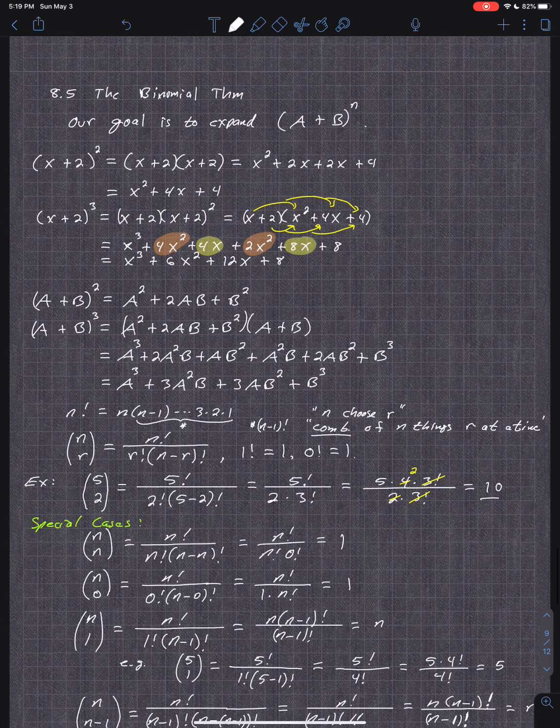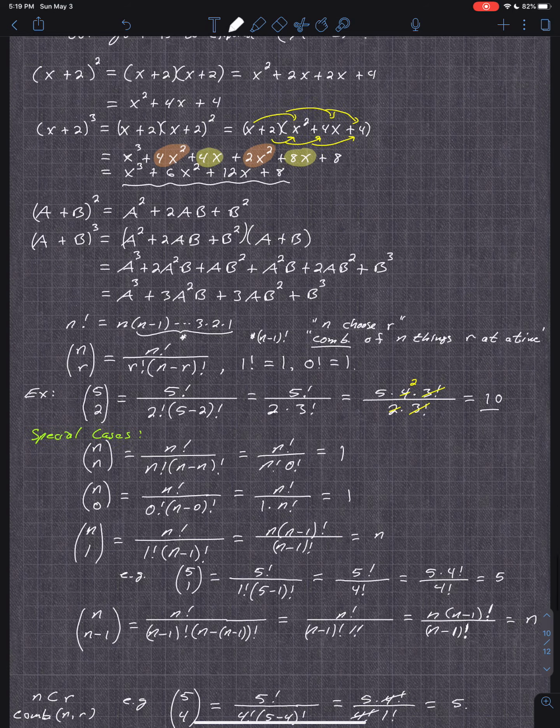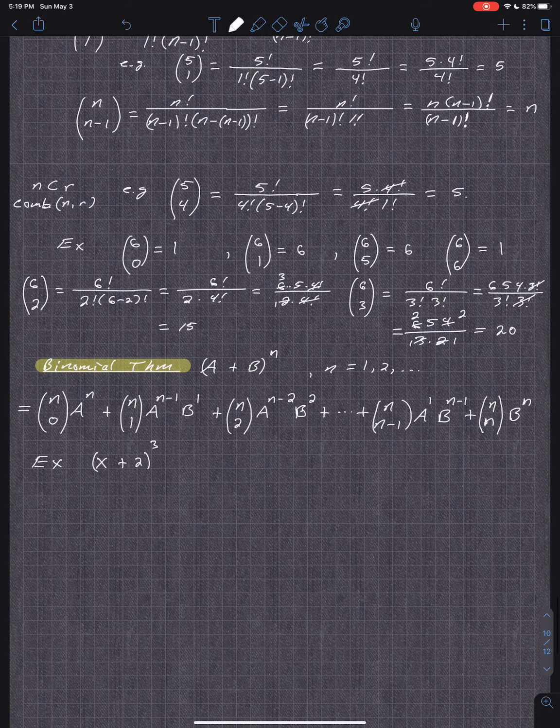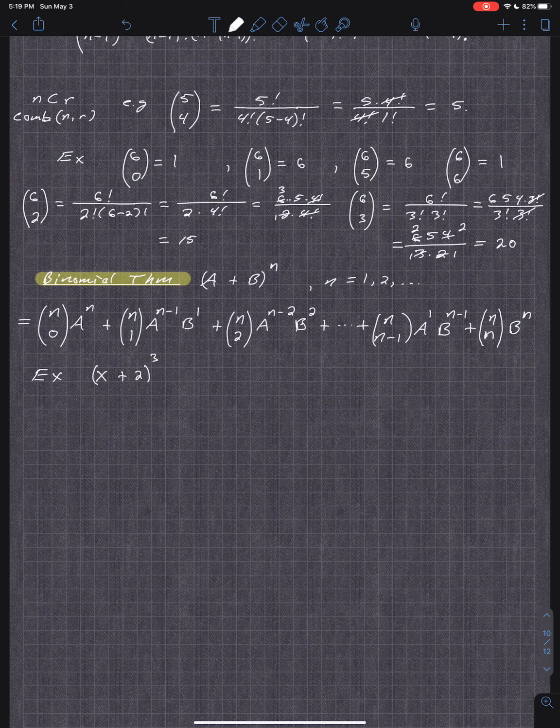So let's expand this one and see what we get. Should be exactly the same thing. It's a good habit to test it. So in that form, what is n? Okay, so we know n is equal to 3.